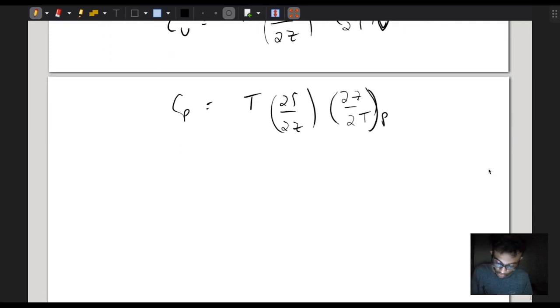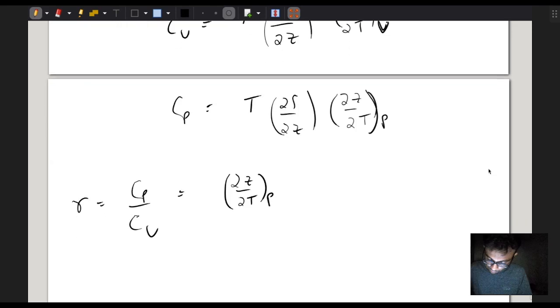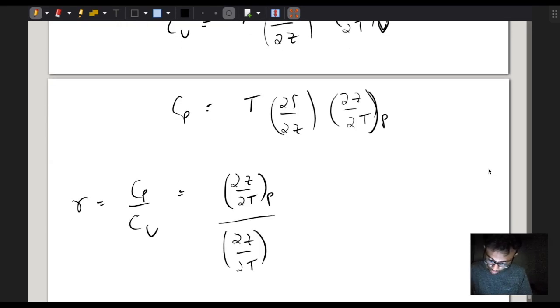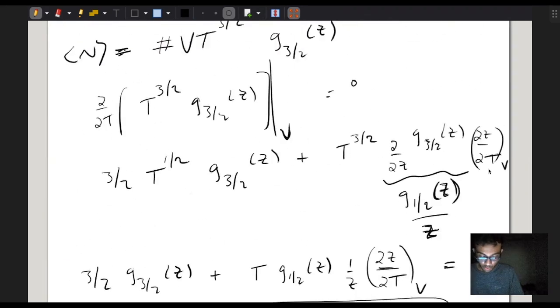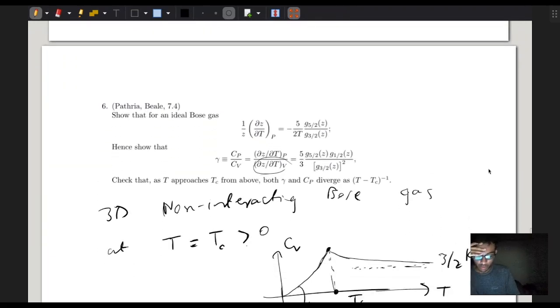Okay, so Cp by Cv, or gamma, the ratio of specific heats, is dou Z by dou T at constant pressure divided by dou Z by dou T at constant volume. So this is what was asked to be shown in this question.